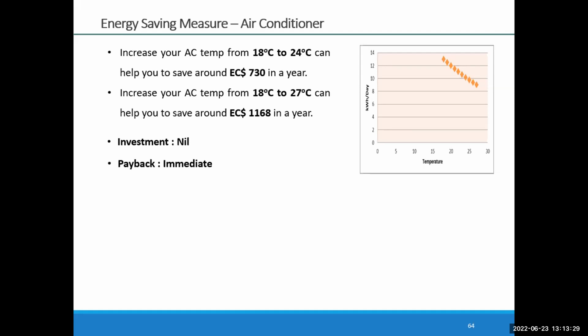An increase of AC temperature set point from 18 degrees to 24 degrees can help save around $730 in a year, and an increase from 18 degrees to 27 degrees centigrade can save around $1,168 in a year. These energy consumption figures can also change with respect to different climatic conditions of different geographical locations. This one is actually for an Indian location only.